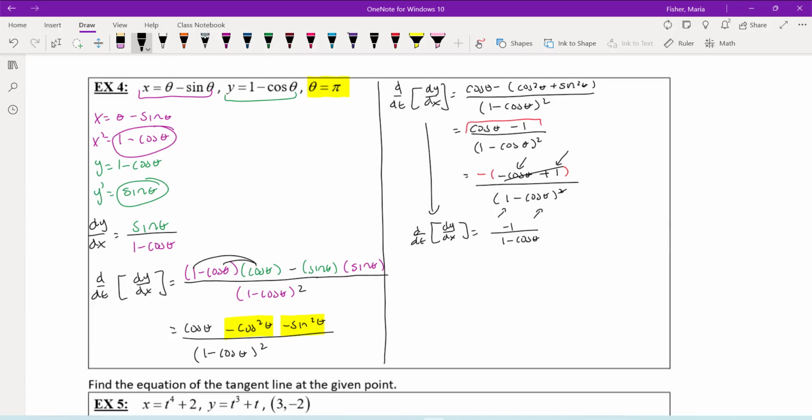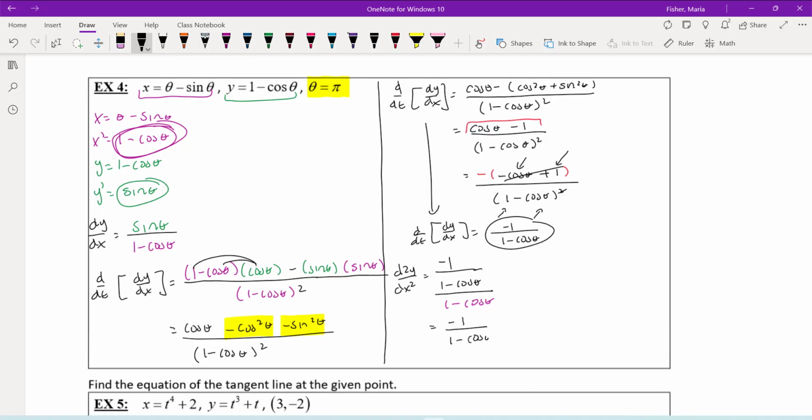Now let's find that second derivative. So the second derivative of y with respect to x is what you just wrote down, this negative 1 over 1 minus the cosine of theta, divided by dx/dt. So we're dividing it by 1 minus the cosine of theta. Well, dividing is the same thing as multiplying by the reciprocal.